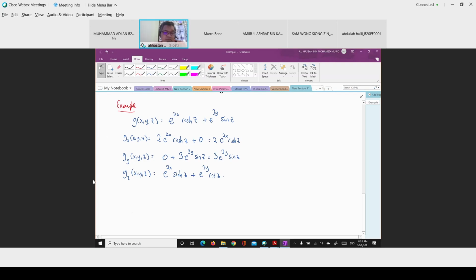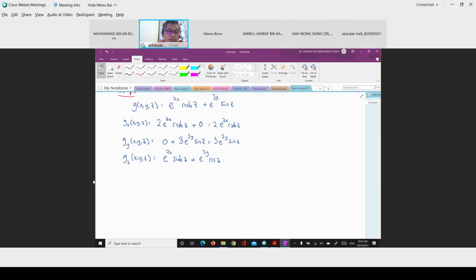Similarly, we can also calculate second partials for these functions. What is G partial X partial Y here?